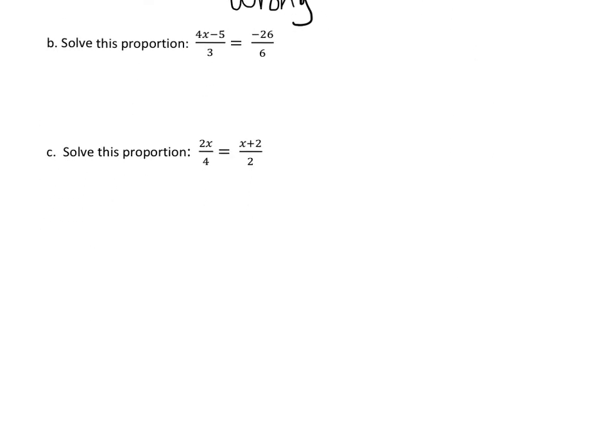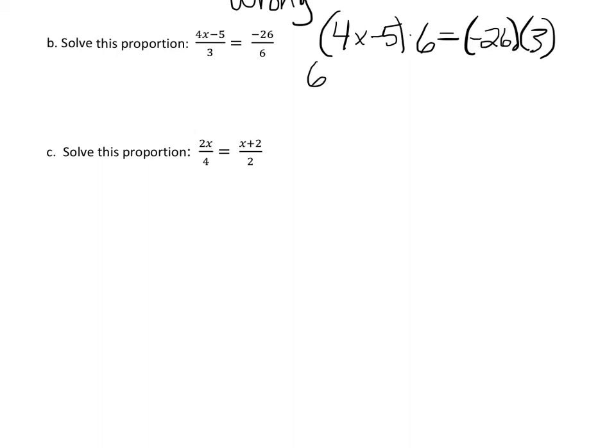If they ask us to solve this proportion, we would use our cross products, so that 4x minus 5 times 6 would equal negative 26 times 3. Now I need to distribute, and a lot of you are probably used to distributing from the front, so I'm actually just going to rewrite it so it's a little more obvious.